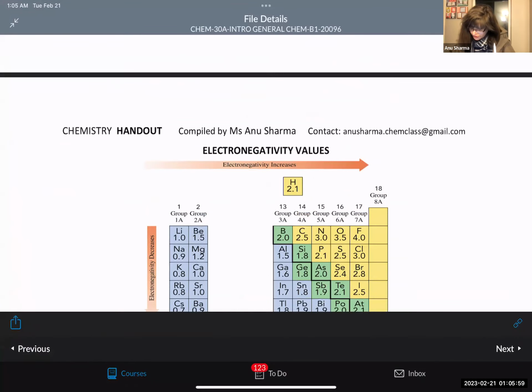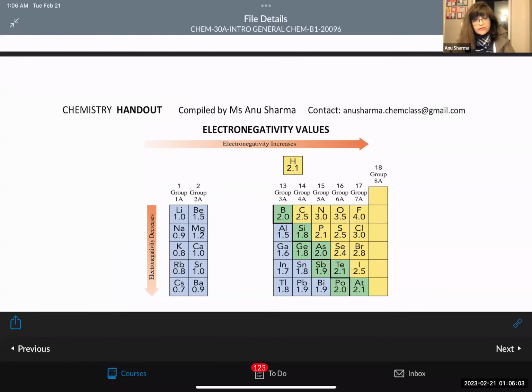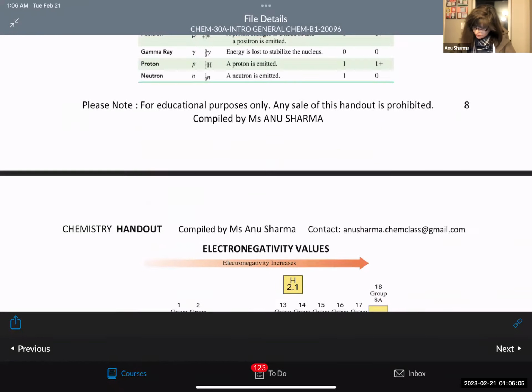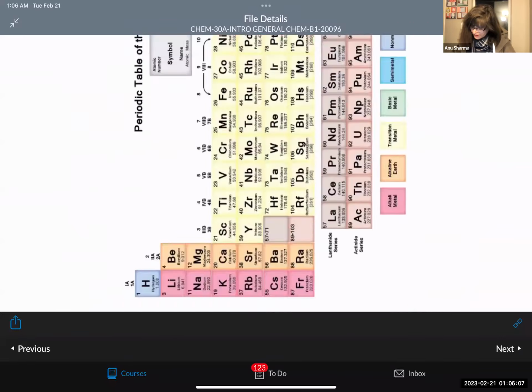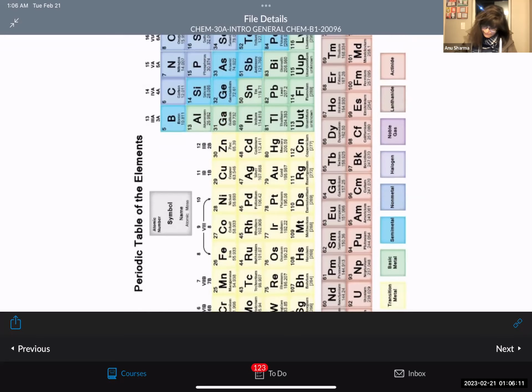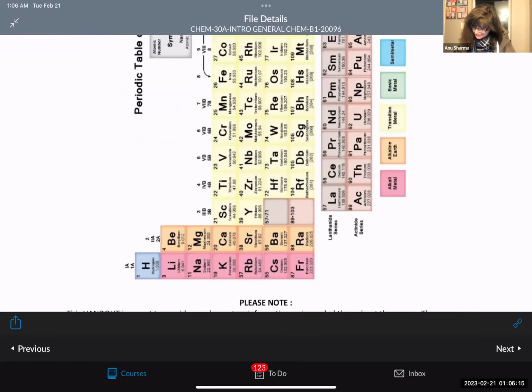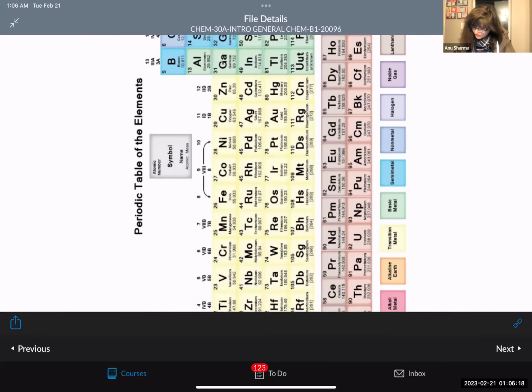Okay, so increasing order of electronegativity. So what was the question? Okay, so this is one piece.